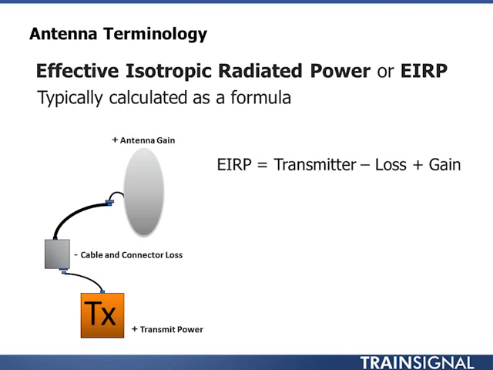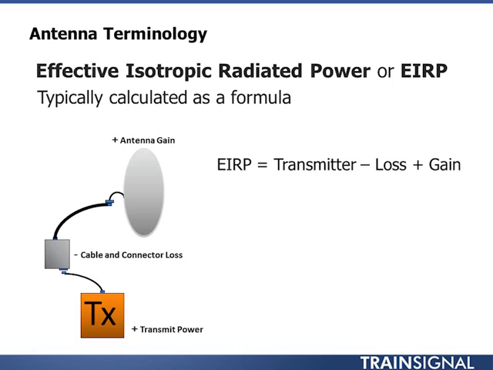And so it's important to understand how to calculate what the radiated power is from your antenna to make sure you're meeting your legal regulatory requirements. So in this picture here, I've got my transmitter, and let's say my transmitter is transmitting at 20 dBm.